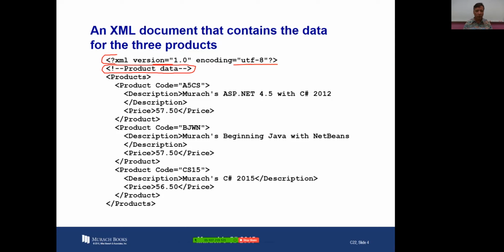This is an XML file of products, and inside we've got 3 products here, 1, 2, 3. And these products can have attributes.